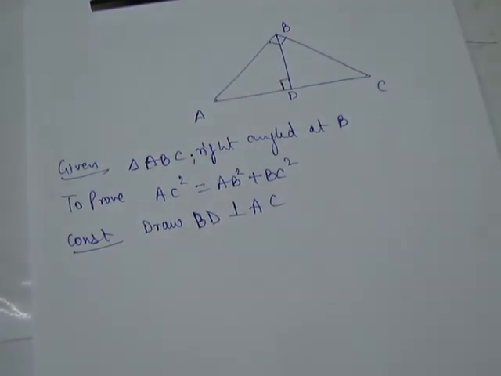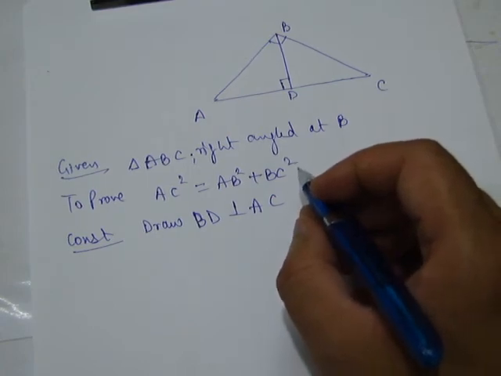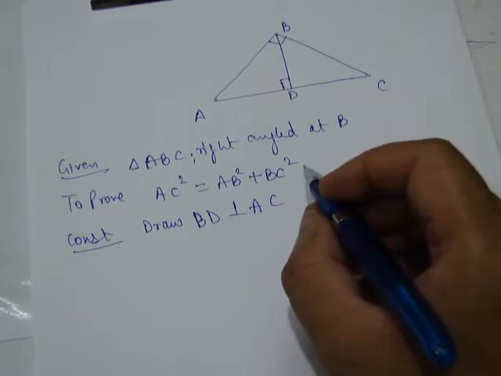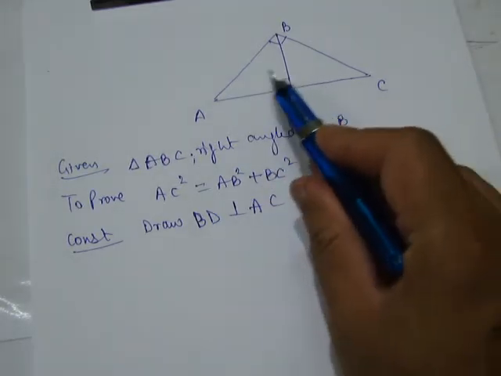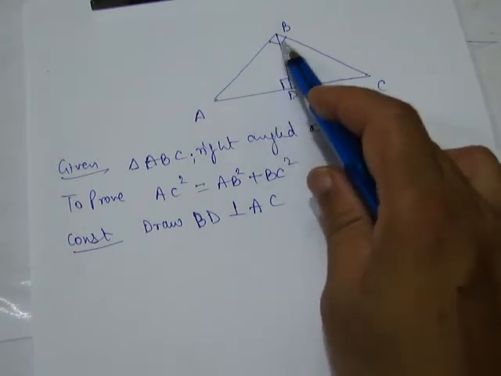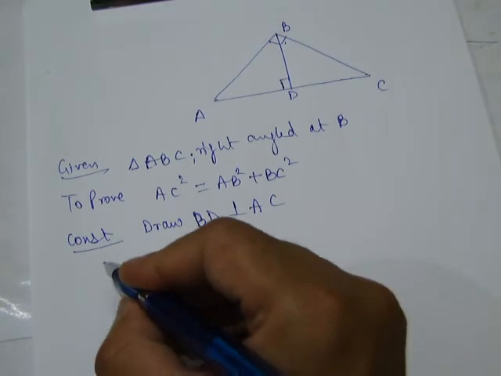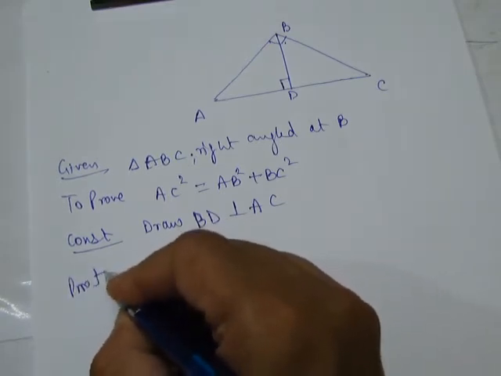Now to prove this theorem, we have to recall another theorem that says that if a perpendicular is drawn from the vertex of the right angle of a right triangle to the hypotenuse, then the triangles on both sides of the perpendicular are similar to the whole triangle and to each other. So we'll use this.